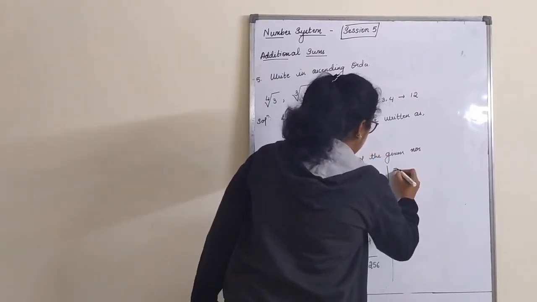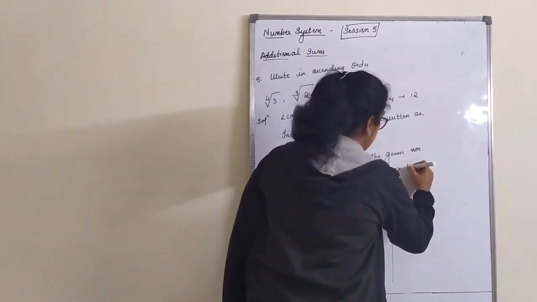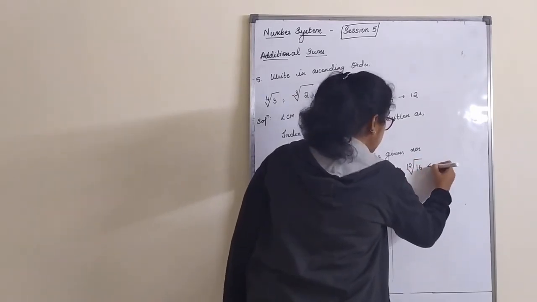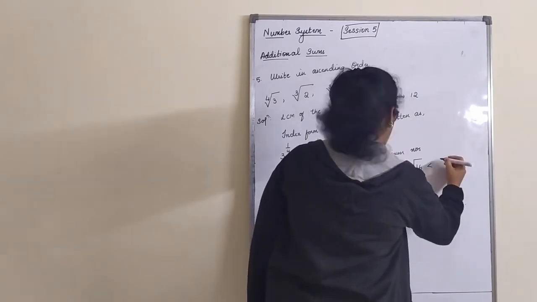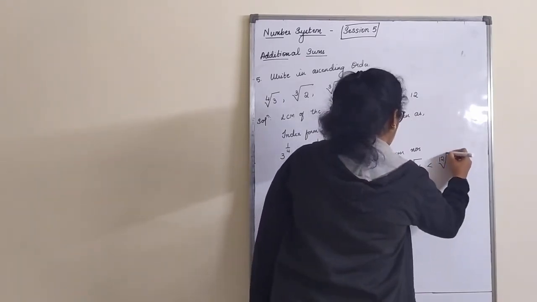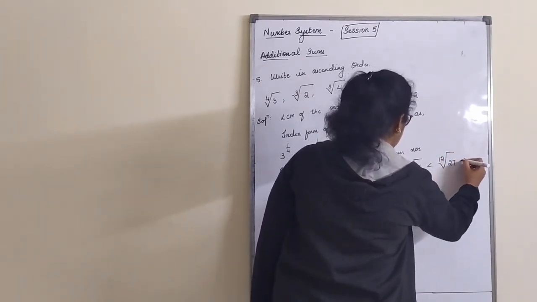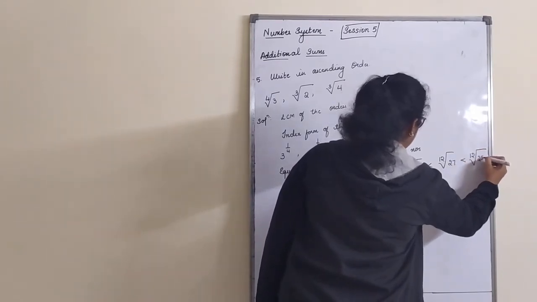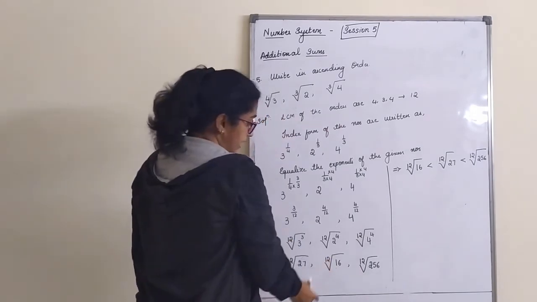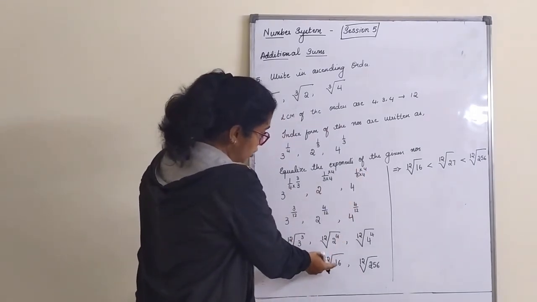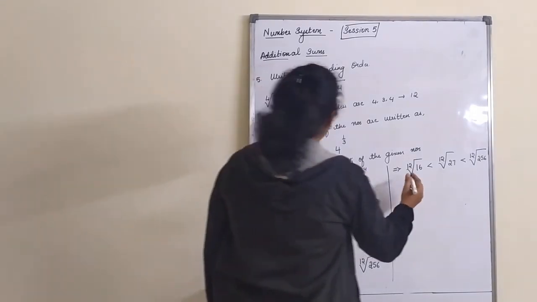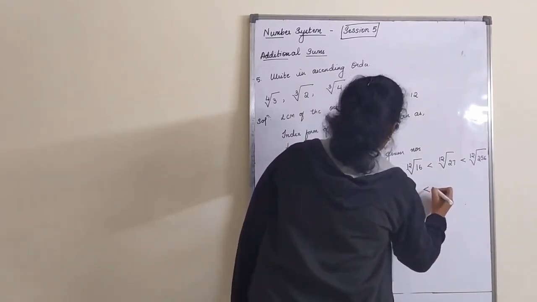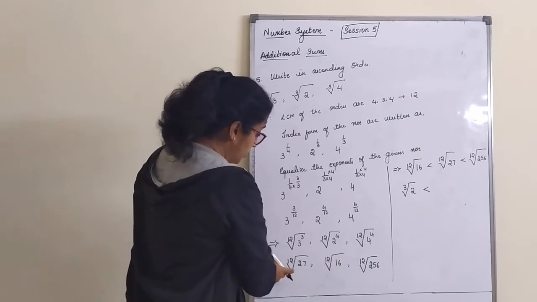I'll write it here. This implies 12th root of 16 is less than 12th root of 27 is less than 12th root of 256. What exactly is 12th root of 16? It is the cube root of 2. Less than, the second is what? 27.